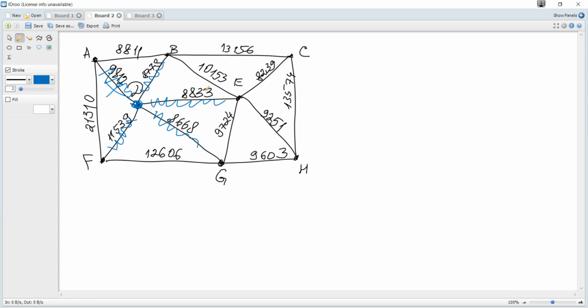It's not specified, it may be by Kruskal's algorithm, or also maybe by Prim's algorithm, but I will do it by Kruskal's algorithm again, and we need the edge with the least weight, and you can see that it's EC.